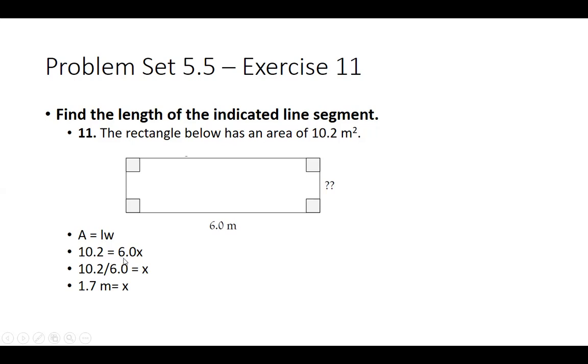L would be 6.0. W is our unknown. W is x. Or you can leave it as W. That's fine too. To get the x, the unknown, the variable by itself, we need to divide both sides by 6.0. 10.2 divided by 6.0 gives us 1.7. So 1.7 meters must be the missing side.